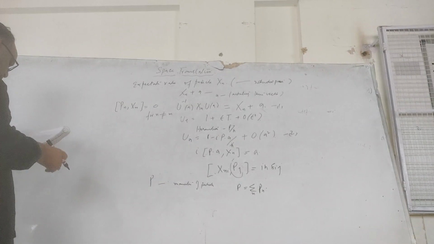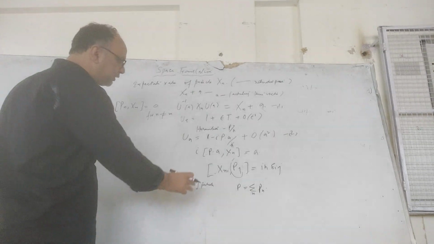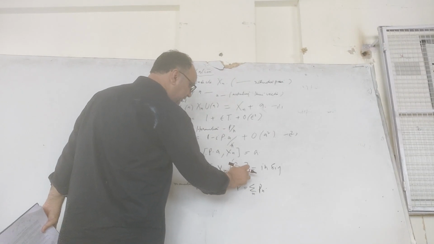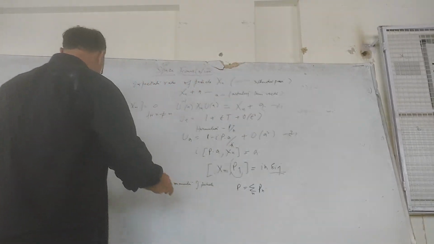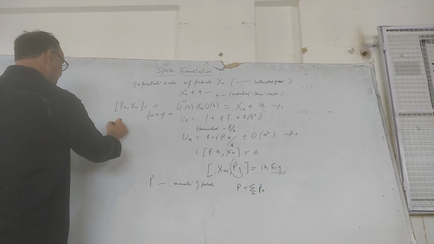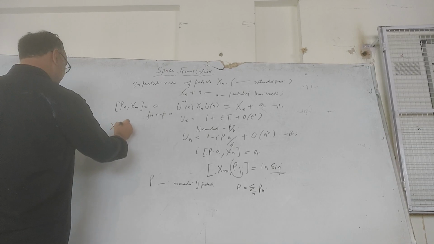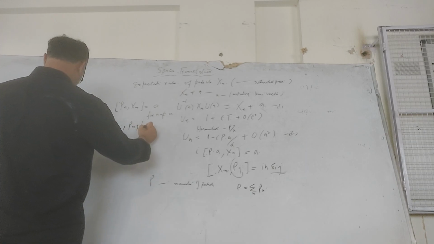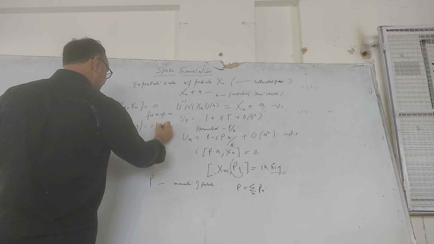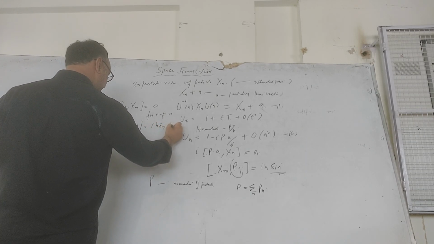And if we now have two indices, x_ni and p_mj, we'll have delta ij and delta nm, something like that. So we can have [x_ni, p_mj] equal to i h-bar delta ij delta nm.